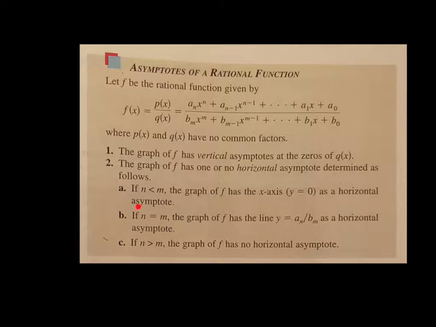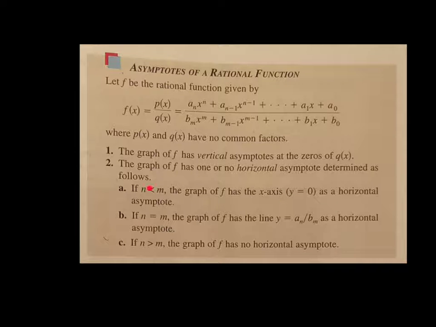I guess I'm doing the horizontal part first, and I'll come back and do the vertical. Okay, so we've arranged them in descending order. Let's compare the degrees and see what happens. It says if n is less than m, then we have a horizontal asymptote here.